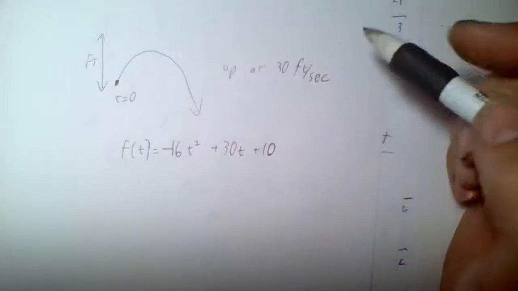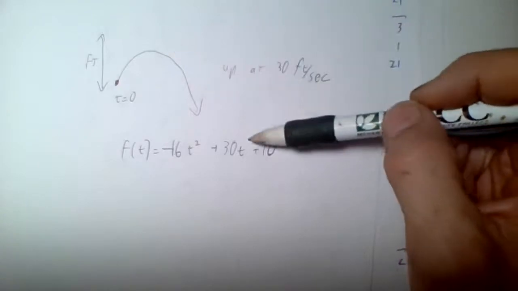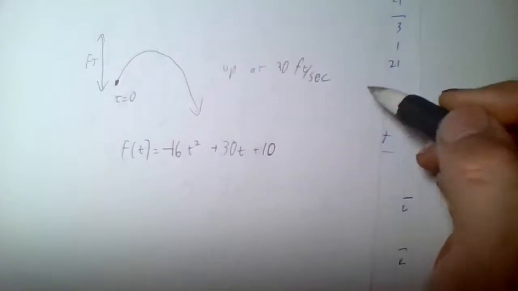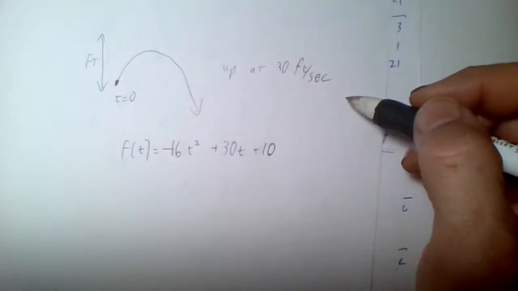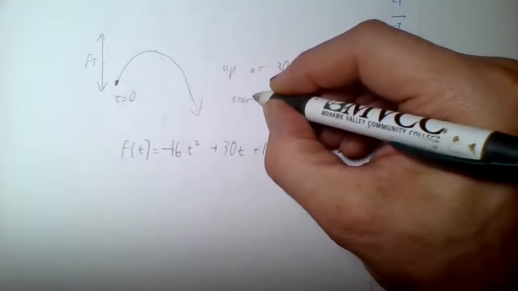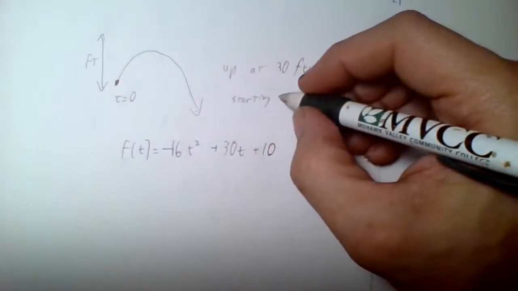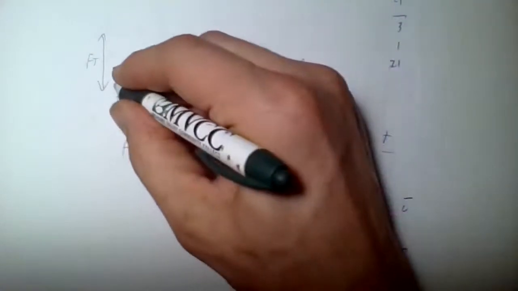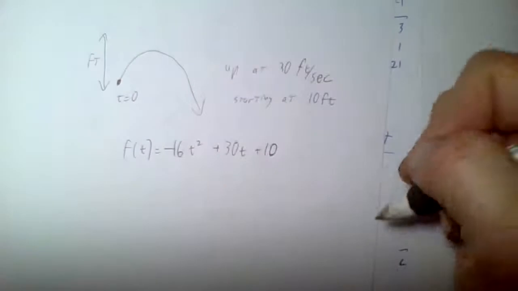So we're taking a ball, starting at 10 feet above the ground and throwing it up at 30 feet per second. And our function is the height here. So we're starting at 10 feet above the ground. It's going up from there, and then it's going to come back down.